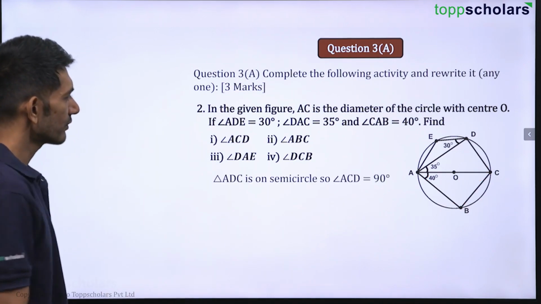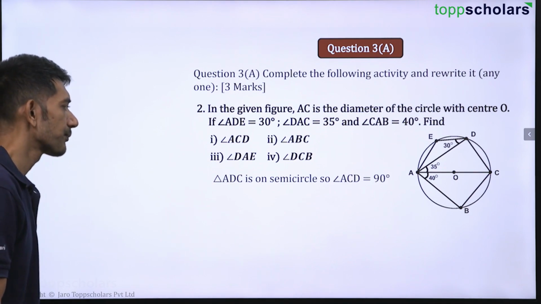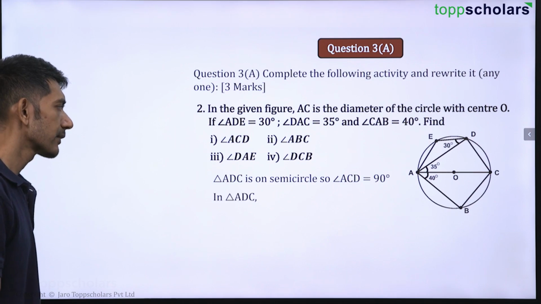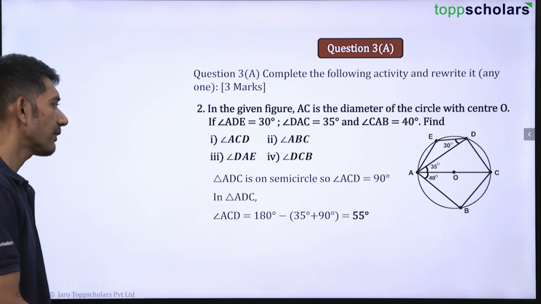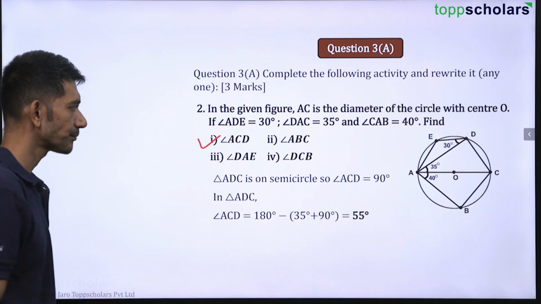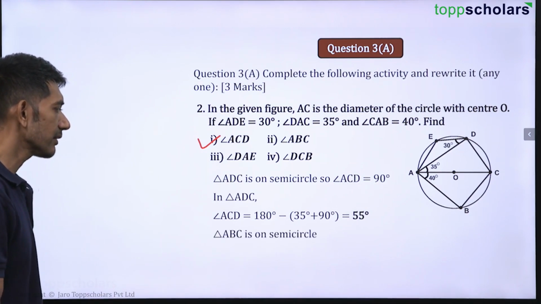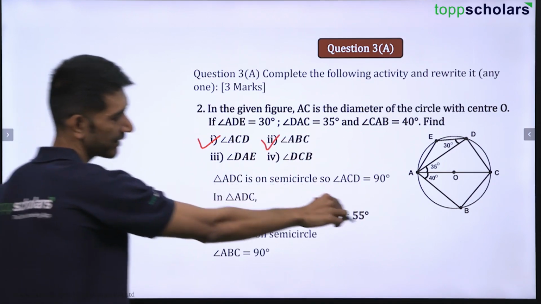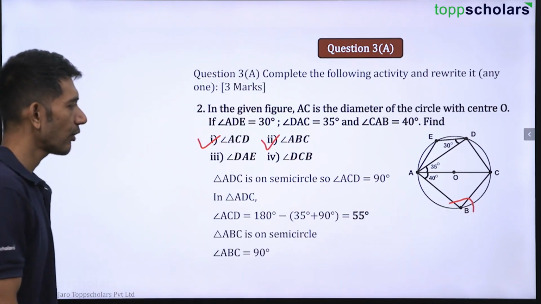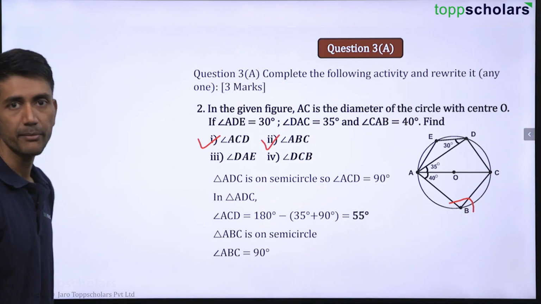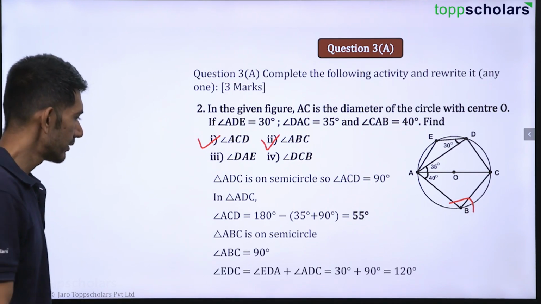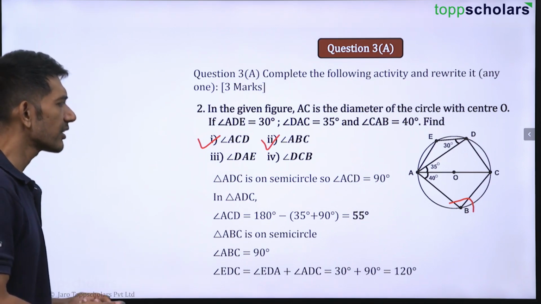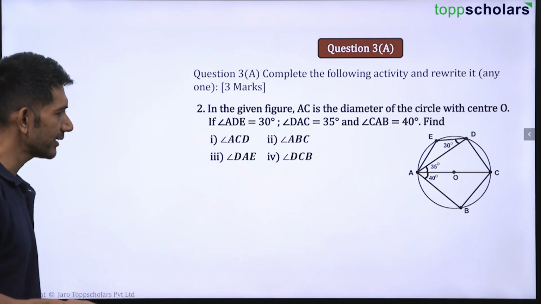So this was the solution. We started with ADC is on the semicircle, so ADC is 90. Then in triangle ADC, we found out the first part, this was done. To get ABC was very simple, directly 90 degrees, because that angle is subtended by the diameter. And then we got EDC, right, which is 30 plus 90, 120, the upper angle there.